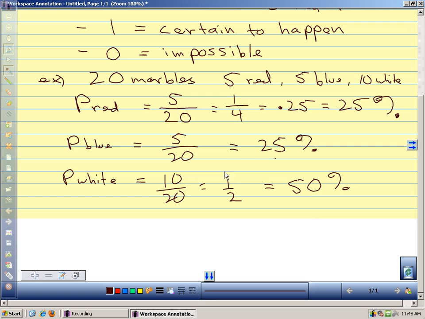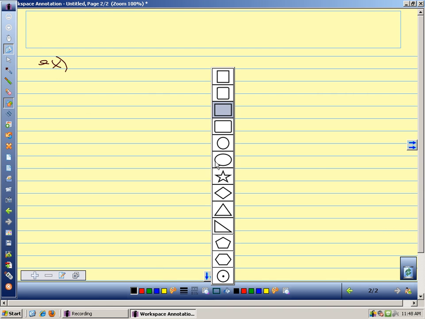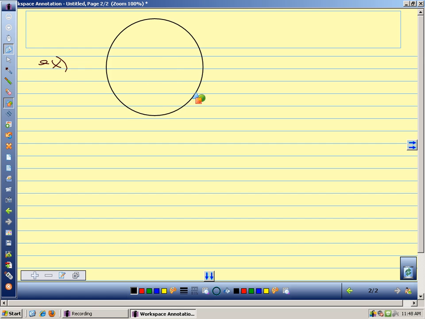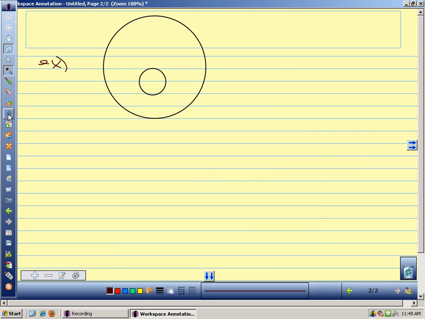So let's see what this has to do with geometry. What if we have a situation like this? So we have these two circles. The radius of this circle is 5, and the radius of this circle is 2.